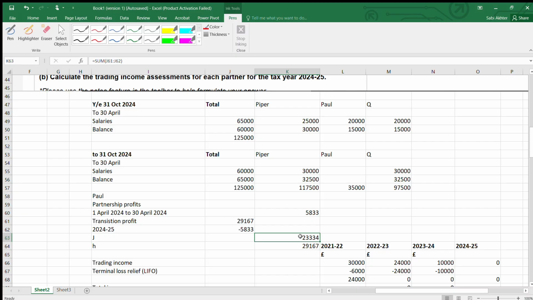Now we are moving on to Quincy. Q. So Q's partnership profit is 97,500. This also, if you take from 1st April to 31st October, how many months? 7 months.